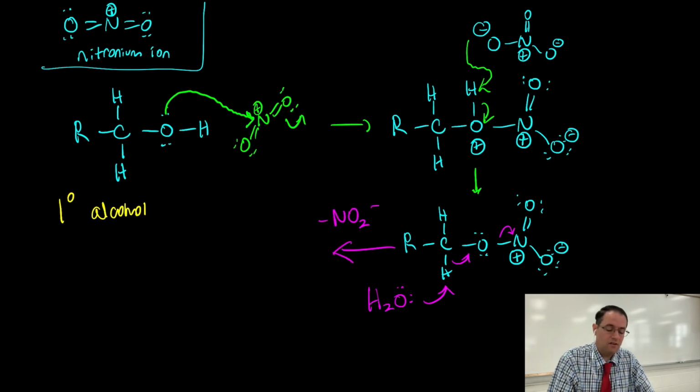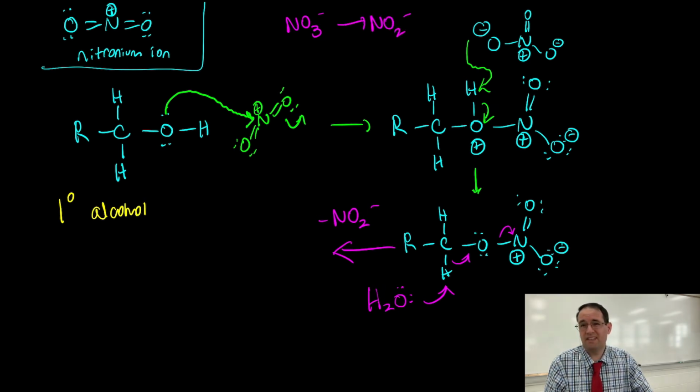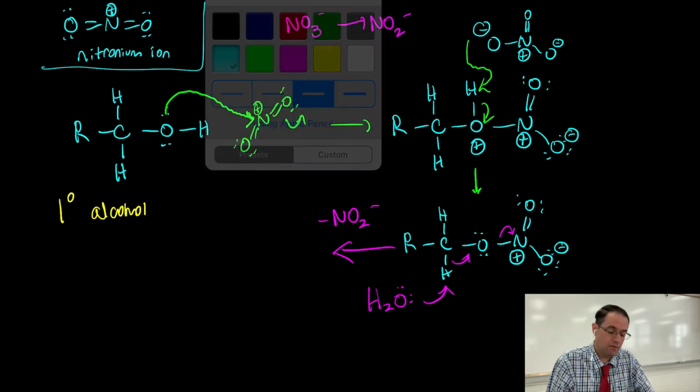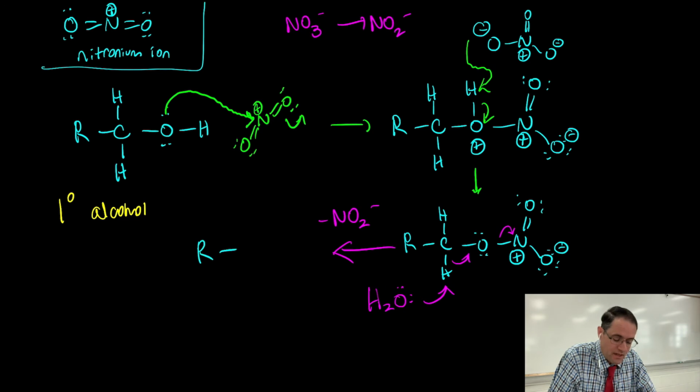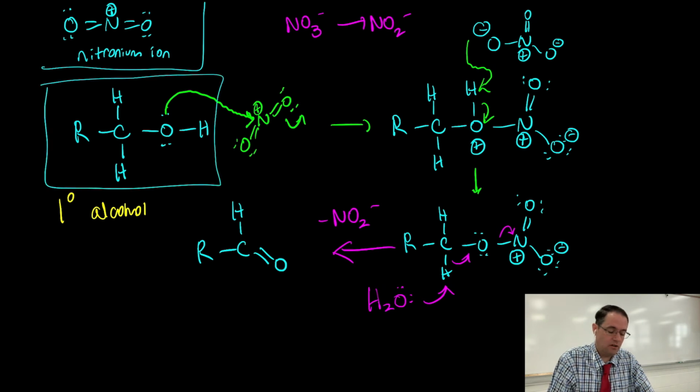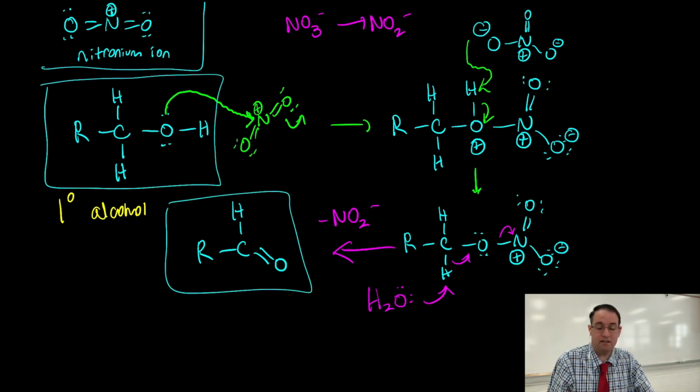Okay, so NO3 minus is nitrate that gets converted to NO2 minus, which is nitrite. So this is nitrite being eliminated, and we form the aldehyde. Okay, so here's my primary alcohol getting converted to my aldehyde.